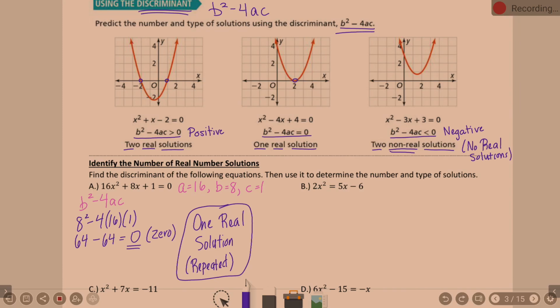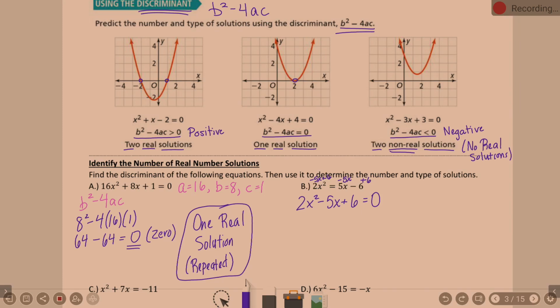So we should probably maneuver this a little bit. How am I going to make this equal 0? Subtract the 5x and add the 6. So I'm going to have 2x squared minus 5x plus 6 equals 0.